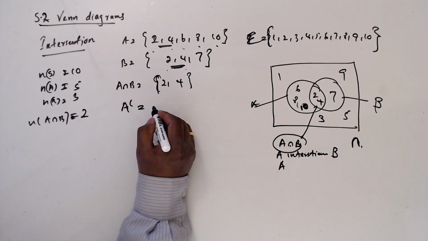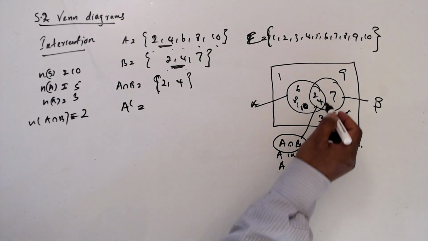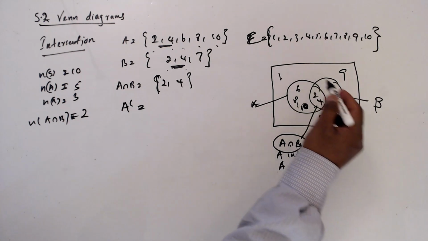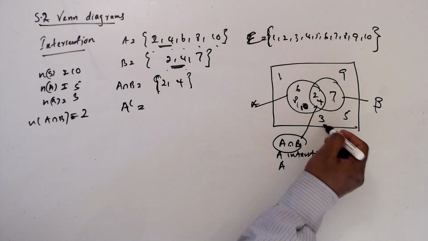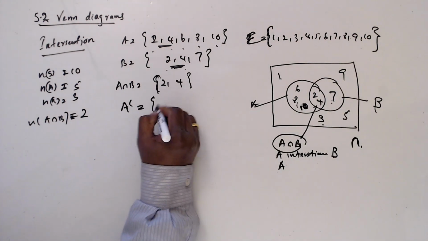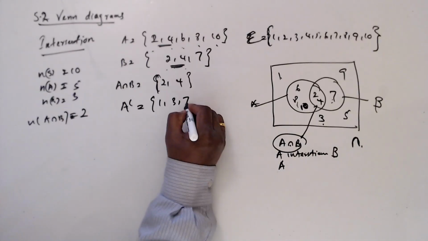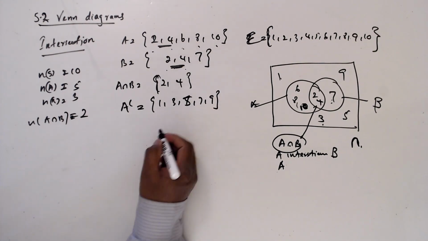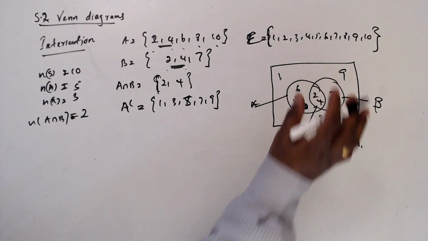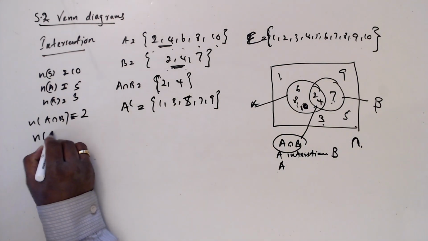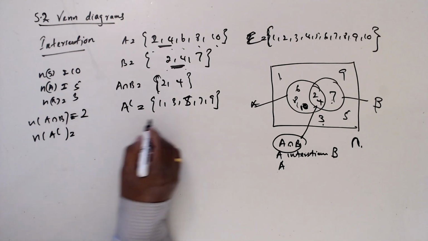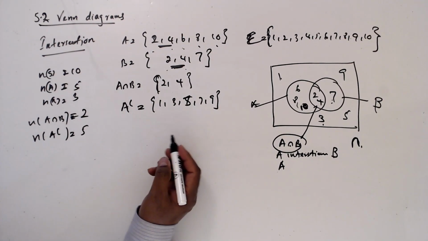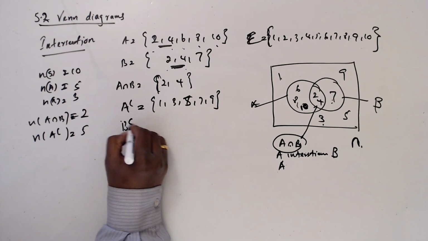A complement means not belonging to A. Anything in A we can't take. So A complement is 1, 3, 5, 7, 9. There are 5 elements.